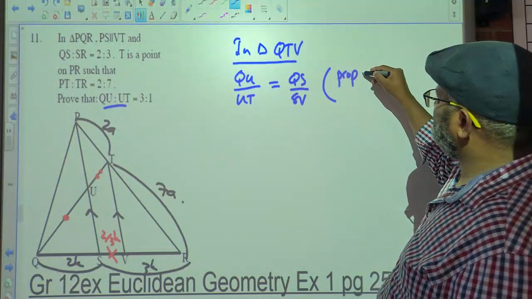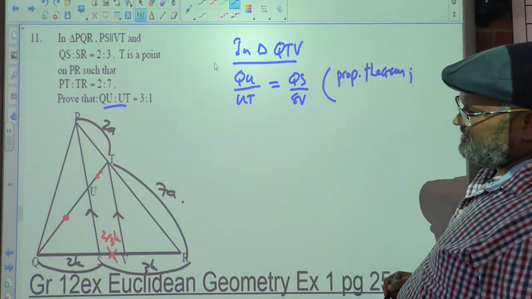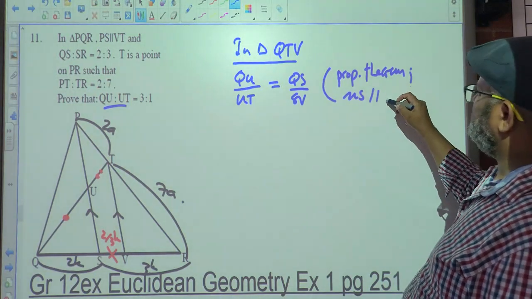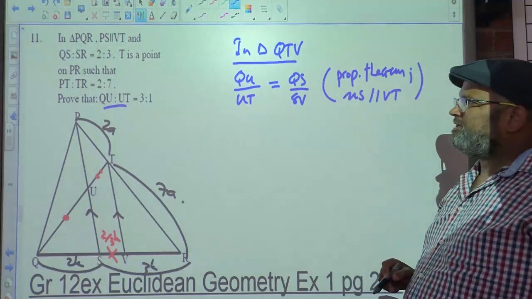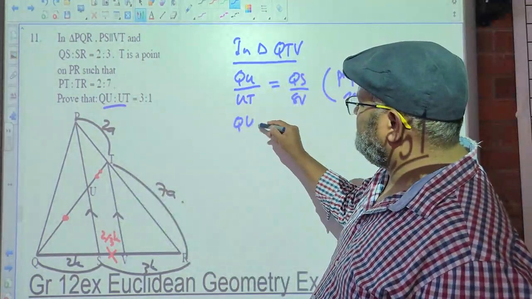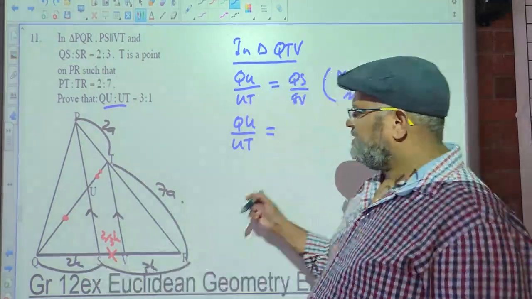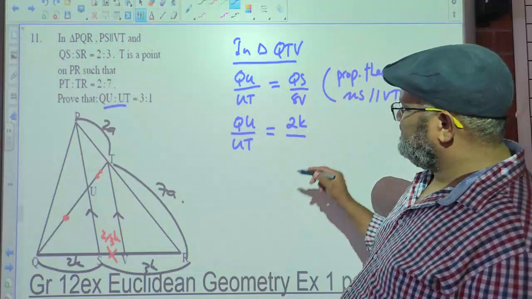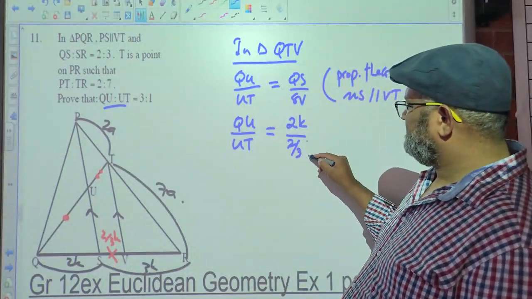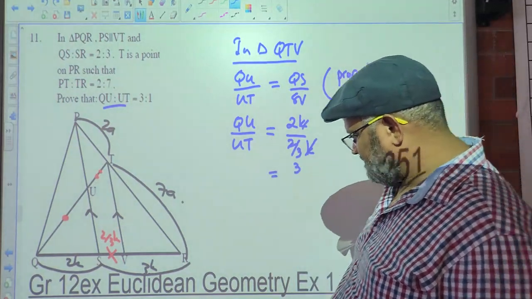The prop theorem with US being parallel to VT. So it remains that QU over UT is equal to, what is QS? 2K over 2 over 3K. Of course the K is cancelled, and that gives an answer of 3.